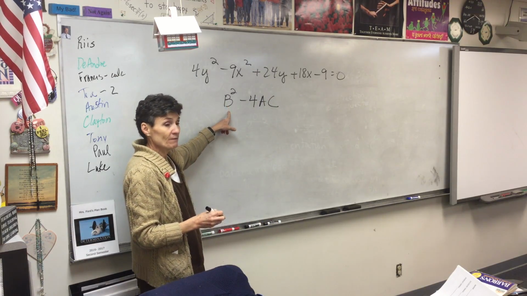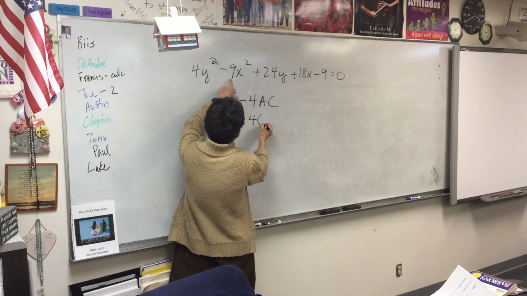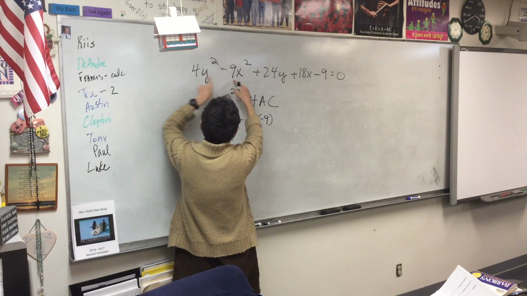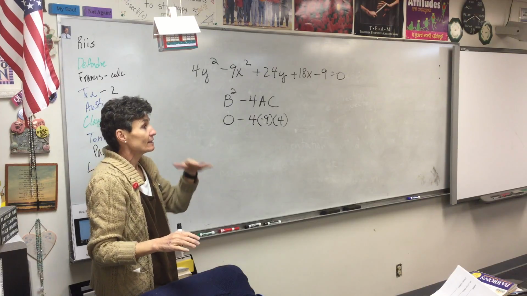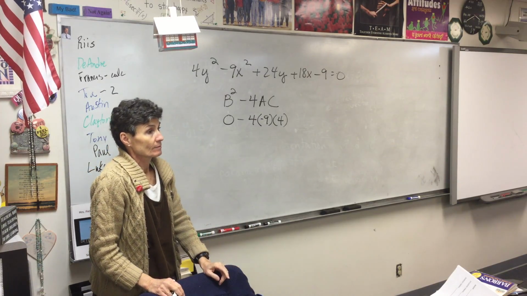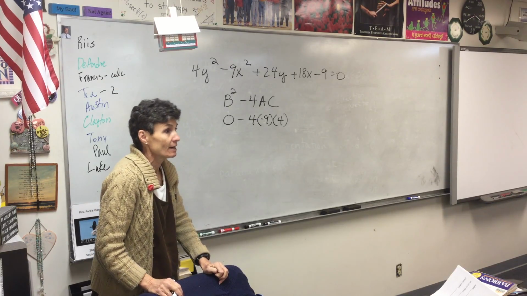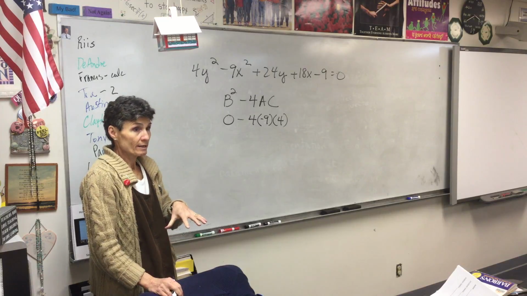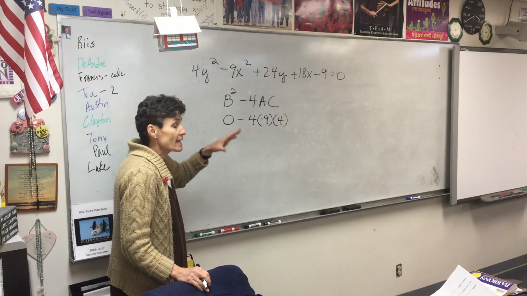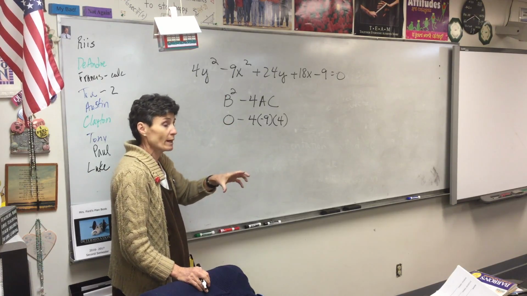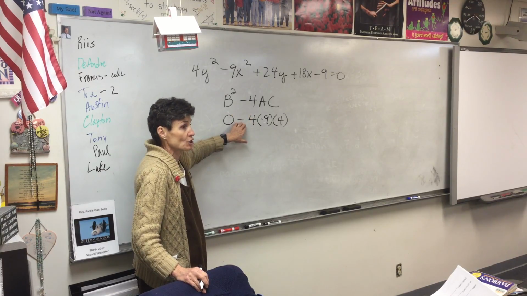B is the coefficient on xy. You don't have one. A is -9 and C is 4. Is the answer positive or negative? It's going to be positive, and when the discriminant is positive, you have a hyperbola. If you don't trust yourself, do the discriminant. It will never be wrong. It works in every equation.